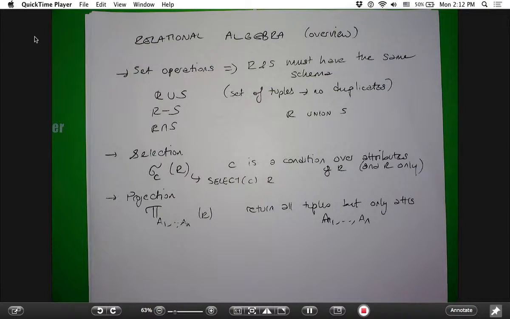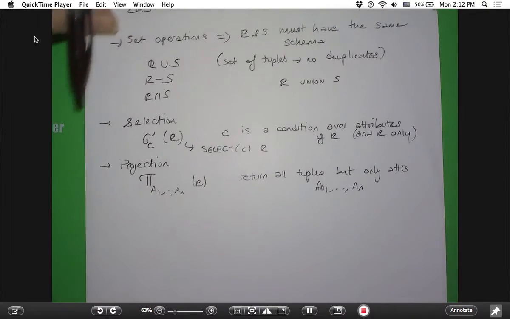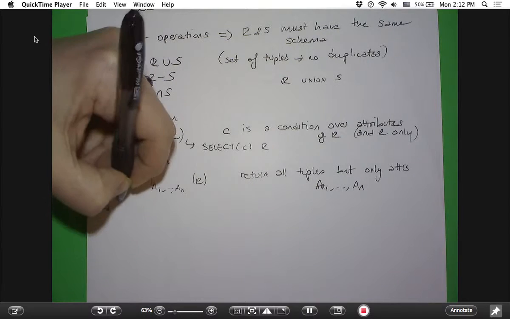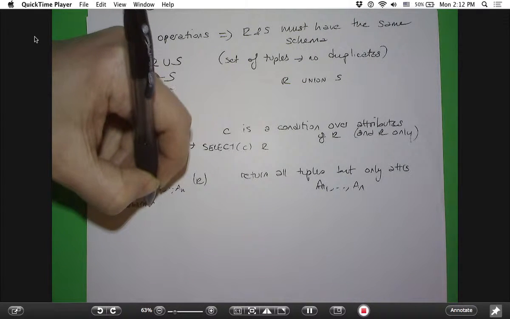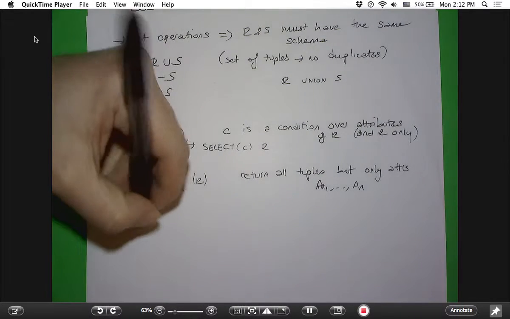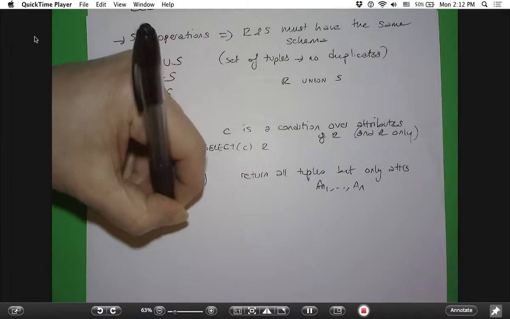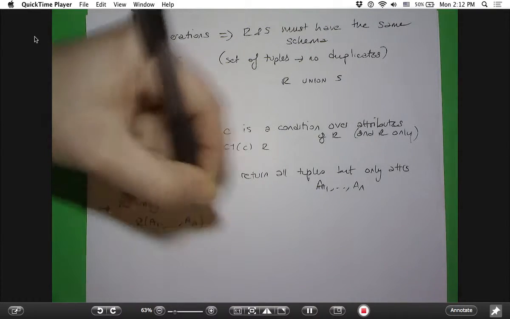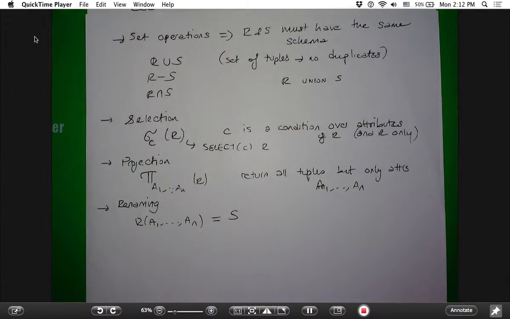Okay, so select, project, and we did renaming. Renaming is just basically being able to change the names of the attributes. We learned different methods. I personally like the one where you rename all the attributes like this. Assuming there are n attributes, rename them as A1 through AN.